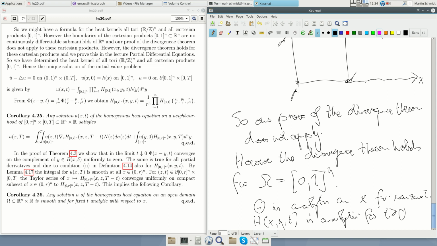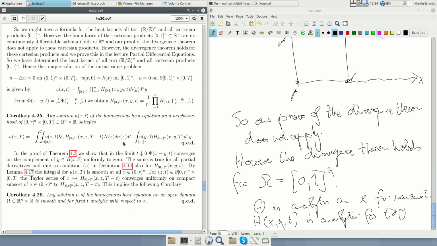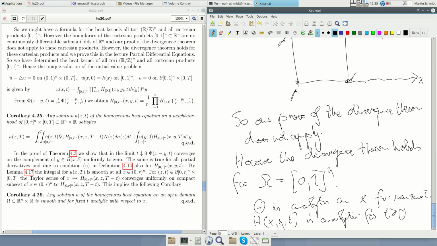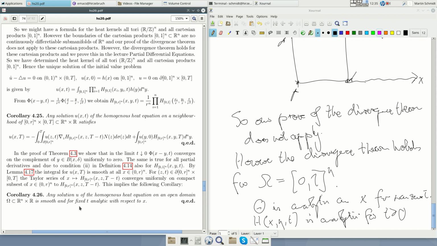In this way we get that every solution of the heat equation is smooth and, for fixed t, analytic.